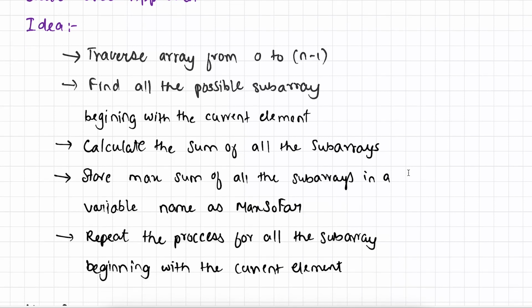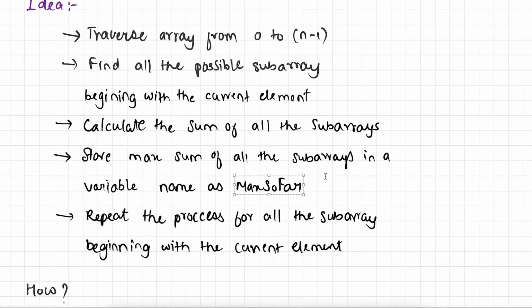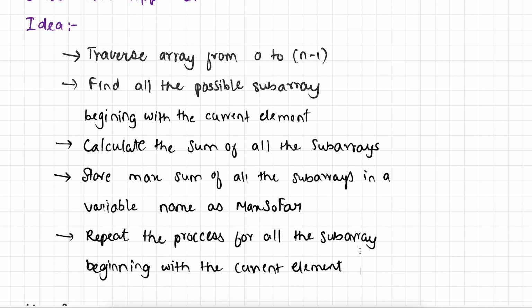Then we calculate the sum of all the elements of that subarray, and while calculating the sum, we store the maximum sum found so far in the variable maximum so far. We repeat this process for all the elements present in the array. So this is the basic idea.